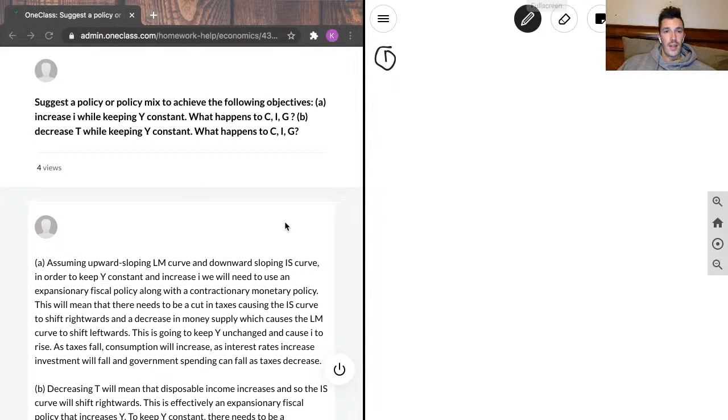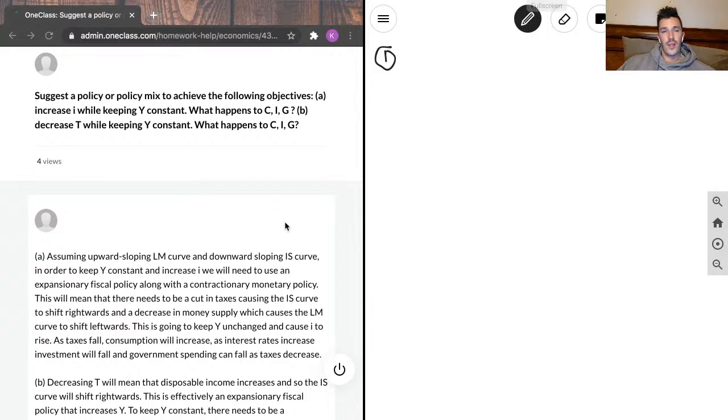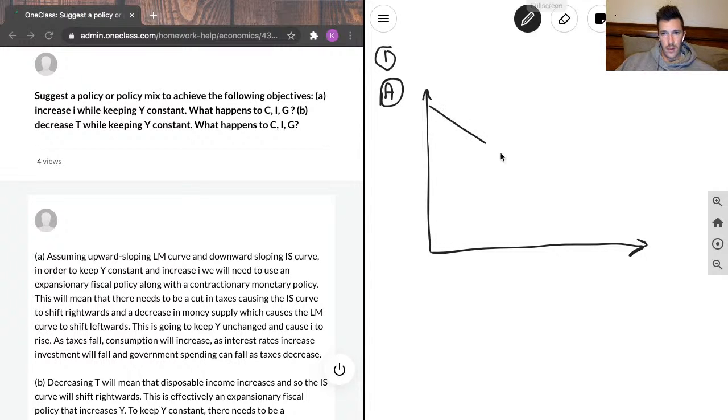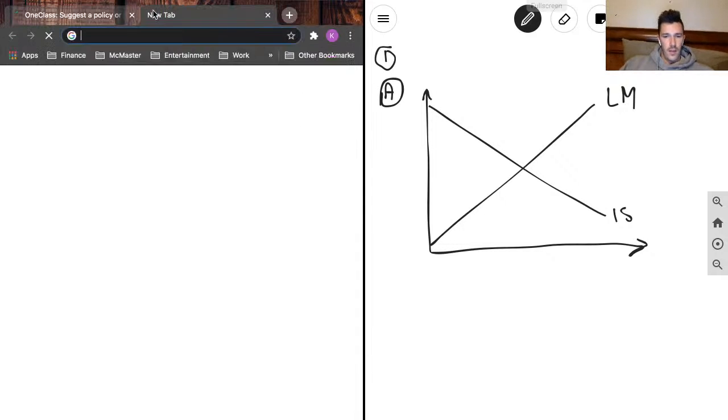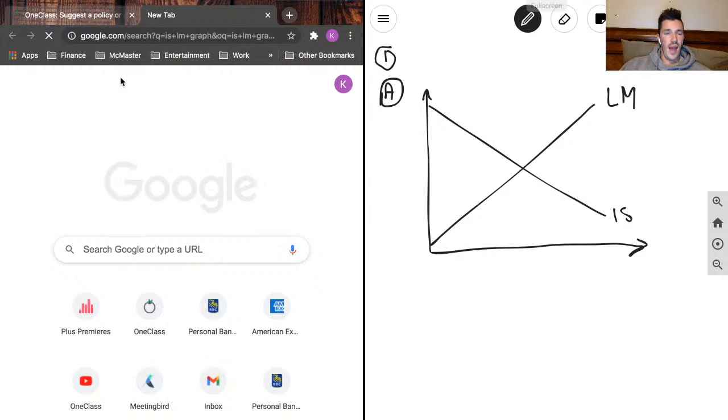So our junior tutor has written that to achieve A, increasing I while keeping Y constant, assume an upward sloping LM curve and downward sloping IS curve. Let me draw those for you. It's been a long time since I've gone over the IS-LM model, so I'm just going to make sure I label the axes correctly.